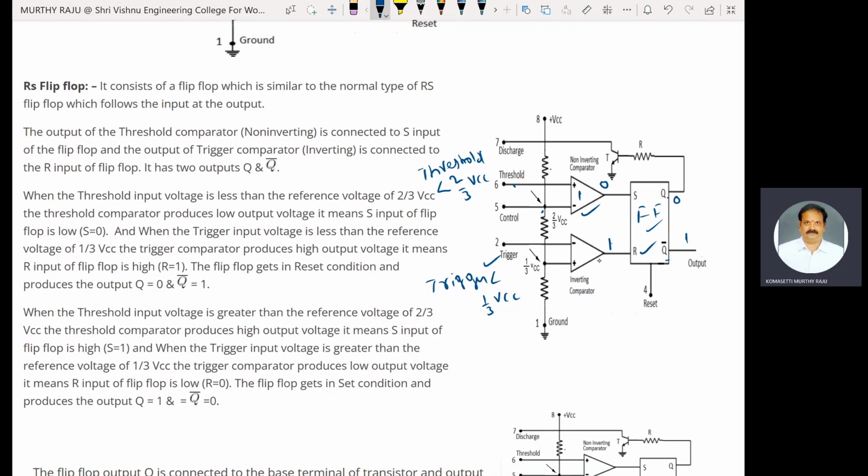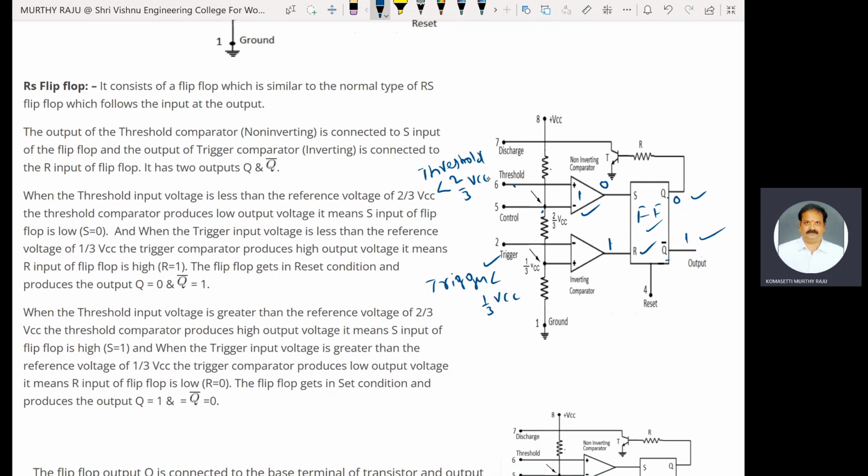This means the R input of the flip-flop is high, R is equal to 1. Therefore, the flip-flop gets into reset condition and produces the outputs Q is equal to 0 and Q dash is equal to 1.